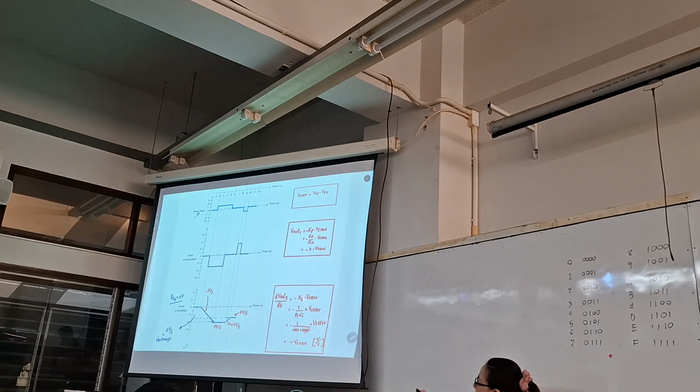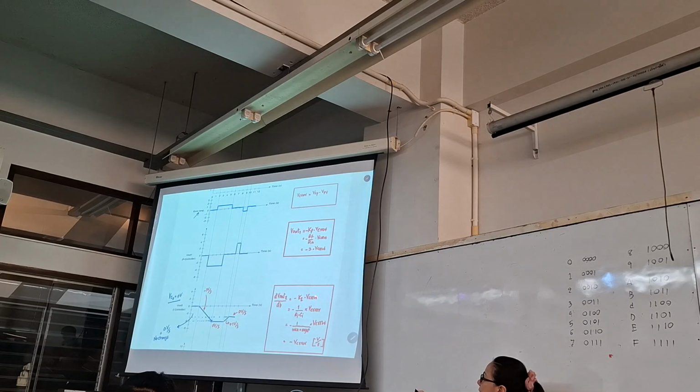What is the name here? Here is the output of the integrator. At the output of the integrator, you are interested in the change at the output, the curve. It can be calculated by this equation: dV output by dt is equal to minus Ki multiplied by V error.